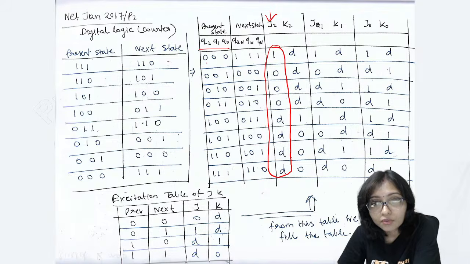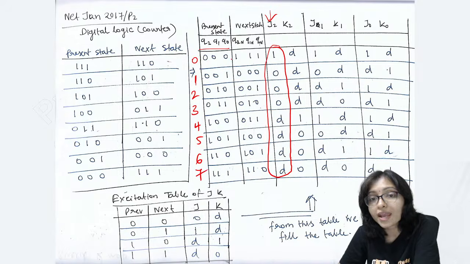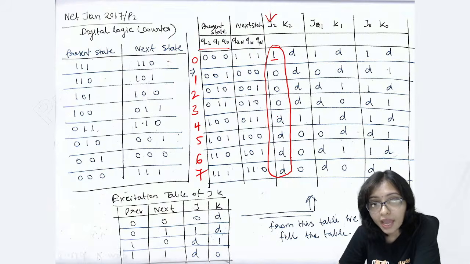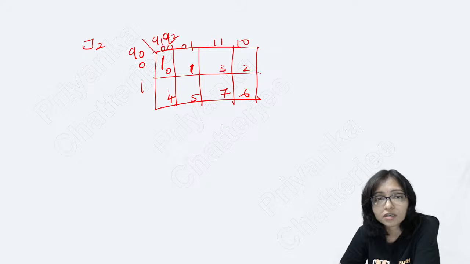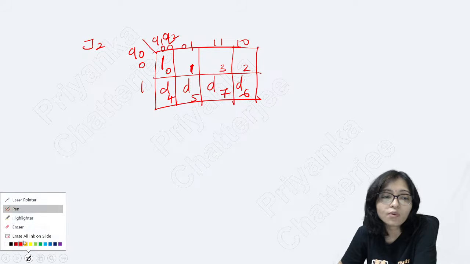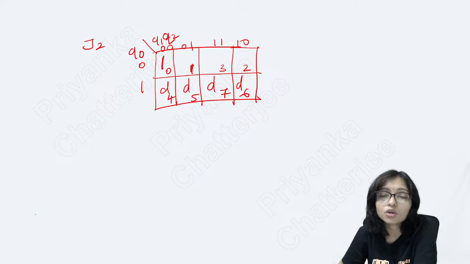Now see, for 0, 1, 2, 3, 4, 5, 6, 7, where are the 1s? For 0 there is 1. And 4, 5, 6, 7 are D's, don't cares. Now you have to think how I can do the grouping.